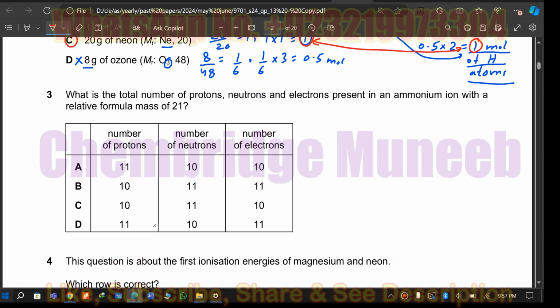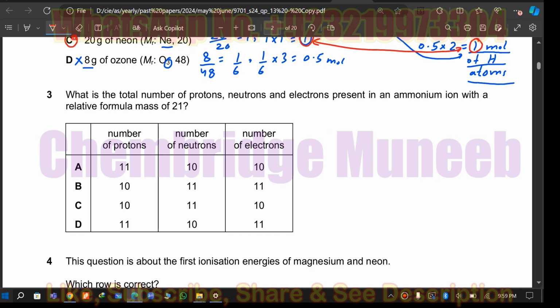Now question number 3, what is the total number of protons, neutrons and electrons present in an ammonium ion with a relative formula mass of 21? Okay, so in this question we need to carefully check all the values.